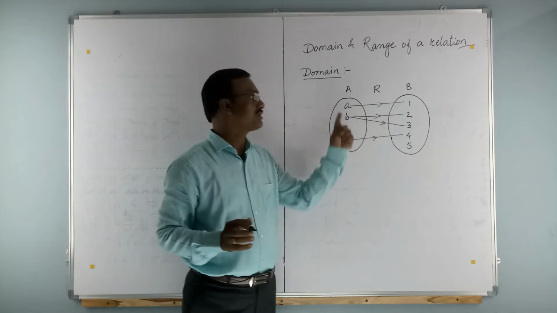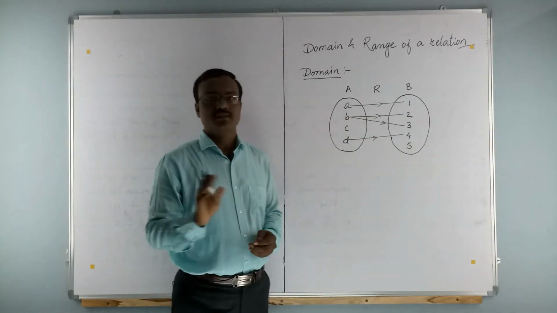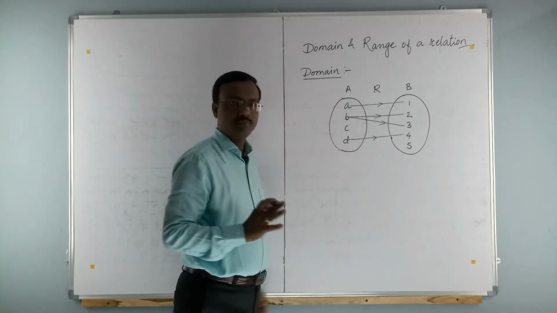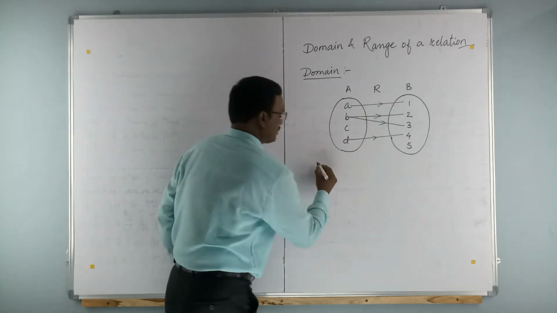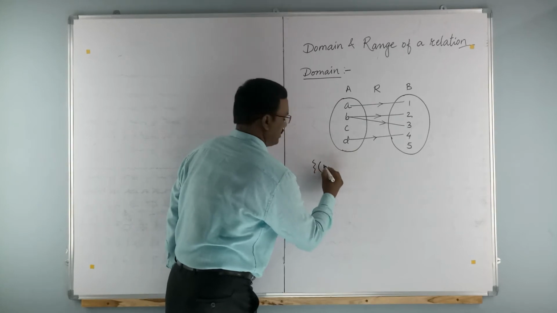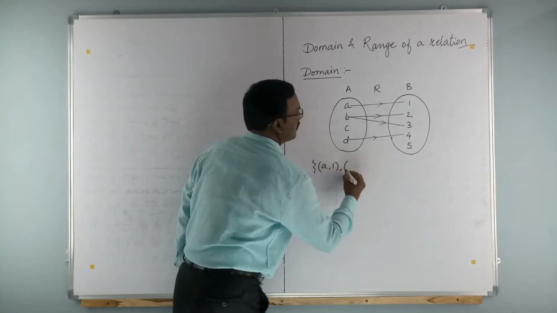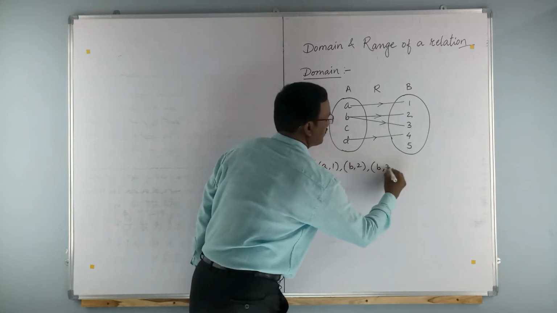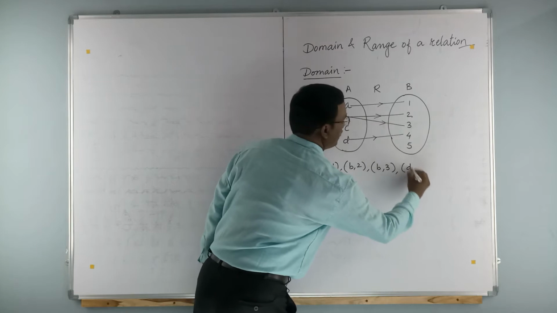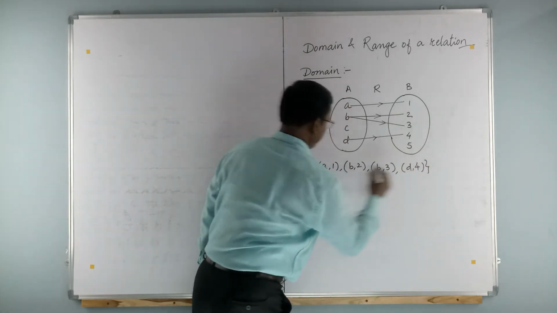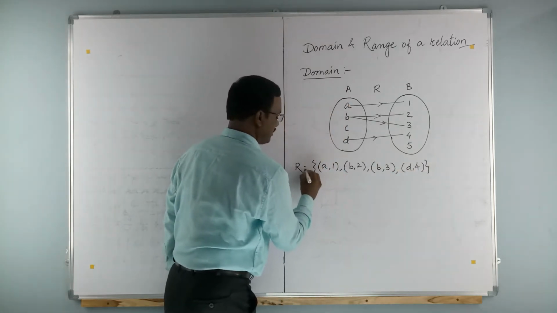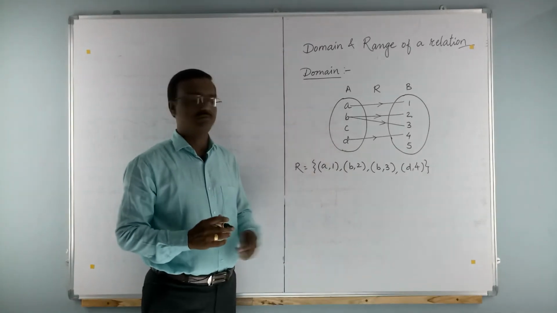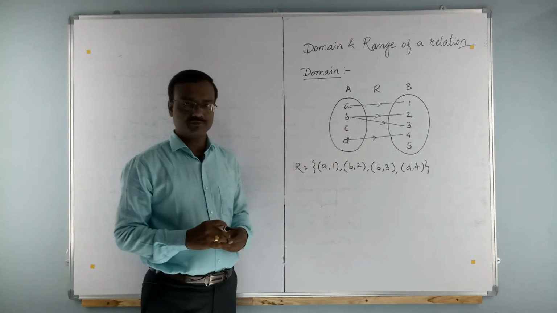R is a relation from set A to set B. In this relation, if I make out the pairs of elements, the pairs will be a1, b2, b3 and d4. So these are the pairs of elements in the relation. So this is the relation in the ordered pair form, and this is the pictorial form.